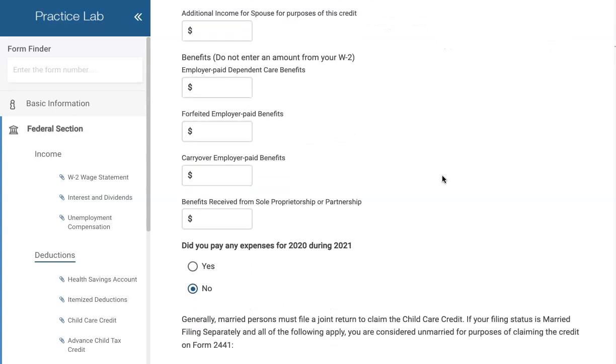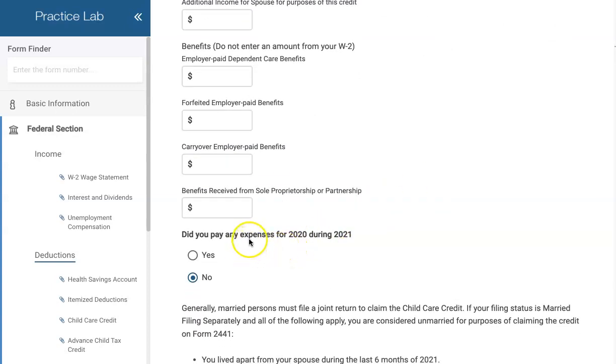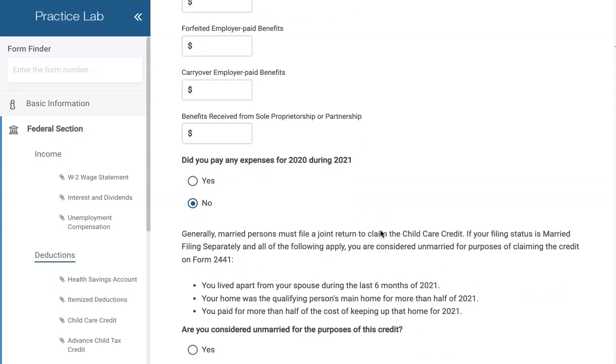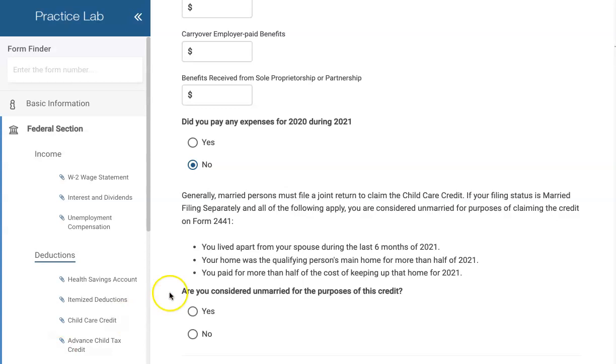Then the question is, did the taxpayer pay any child care expenses for 2020 during the 2021 tax year? And this is no. And finally, there's a question about filing status of married filing separately. There's a bunch of questions, but this is not a married filing separately return, so we don't care about that either.